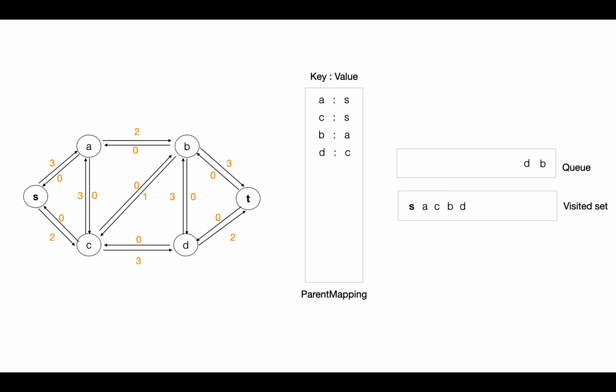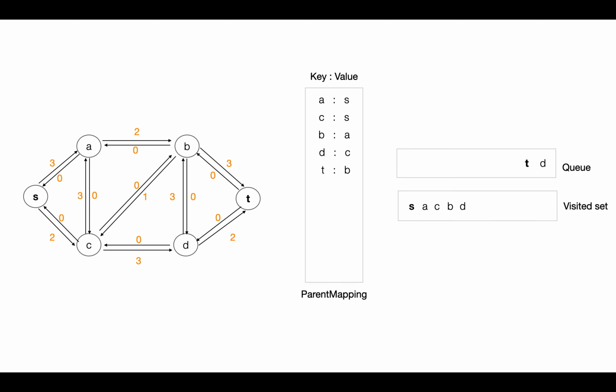We are left with T, which is the sink, and here the loop is going to stop. So while we pop B from the queue, we add the sink vertex, which is T, into the queue. And here we stop and we add this mapping to the parent mapping saying we came to T through B.